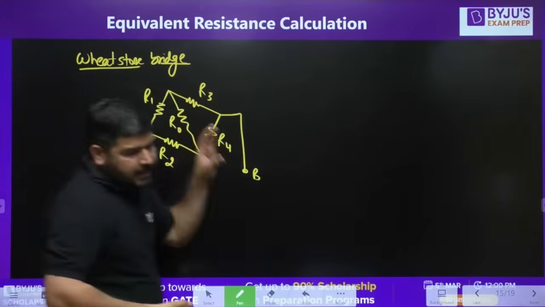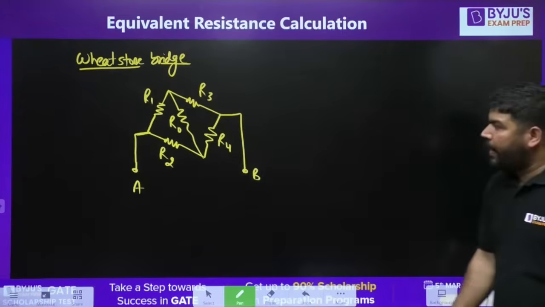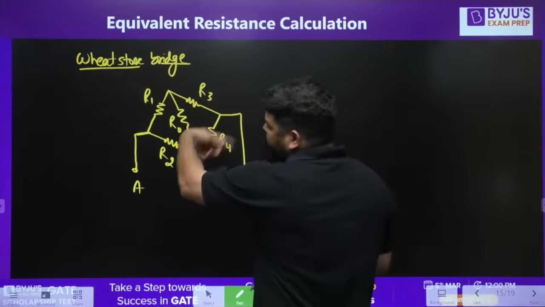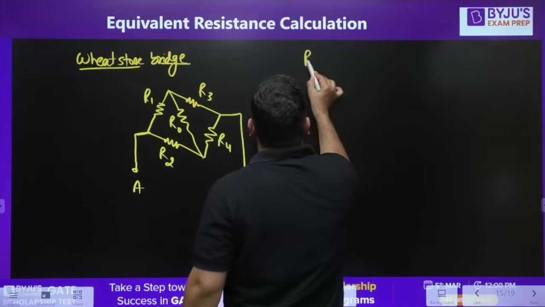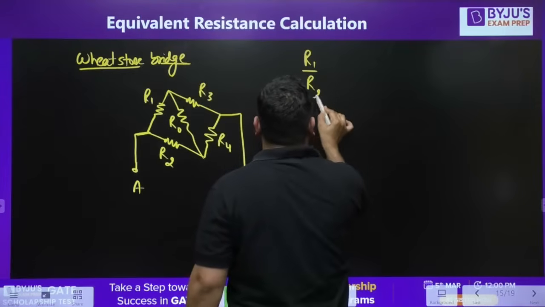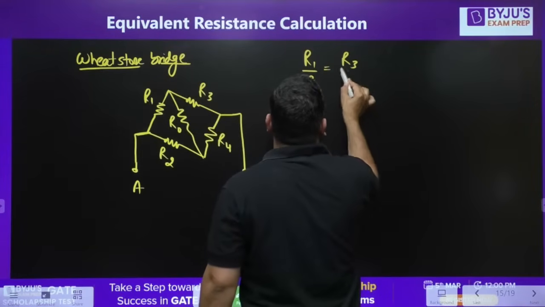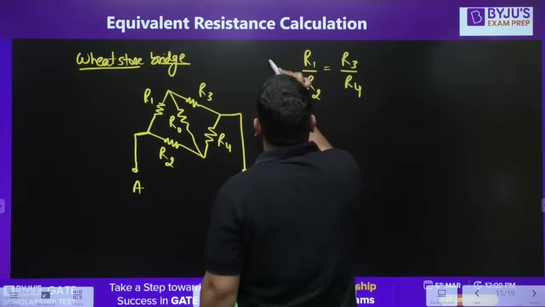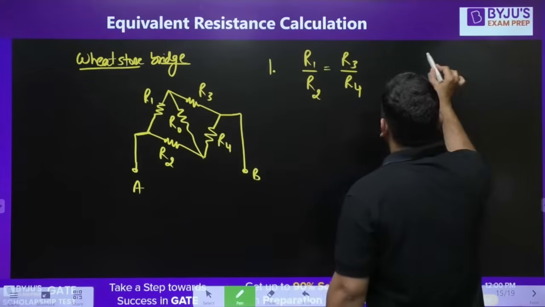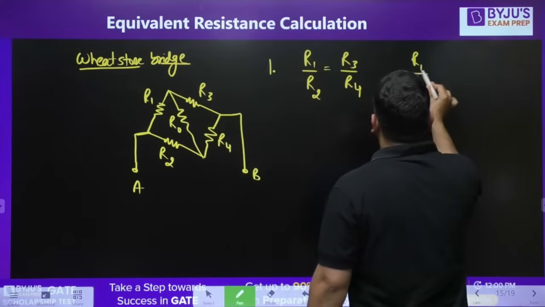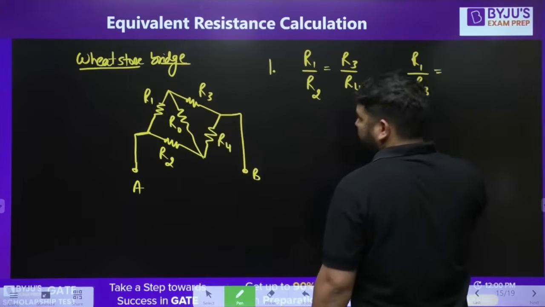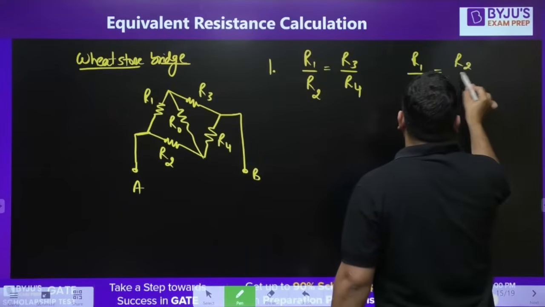Now we call this bridge a balance bridge when R1 by R2 is equal to R3 by R4. This is condition 1. Condition 2: R1 by R3 is equal to R2 by R4.